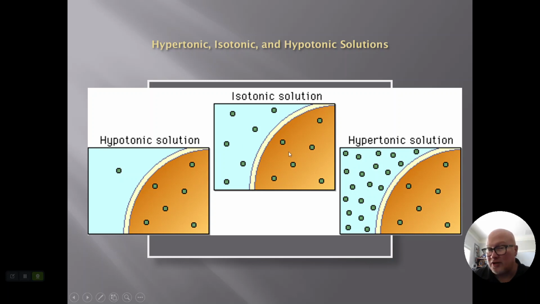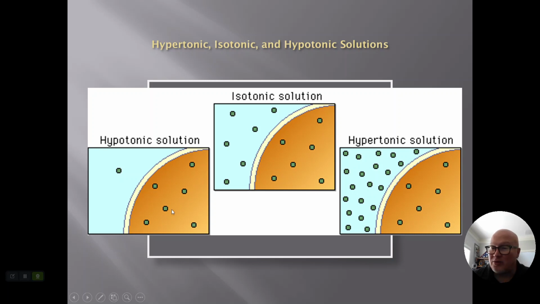So water molecules are going to go in, water molecules are going to come out, and you're going to maintain this balance, this homeostasis. But if we put a cell in something that is hypertonic, that means there are more solutes outside than inside. In this case, there are more water molecules in here, and so the water is going to move out of the cell.